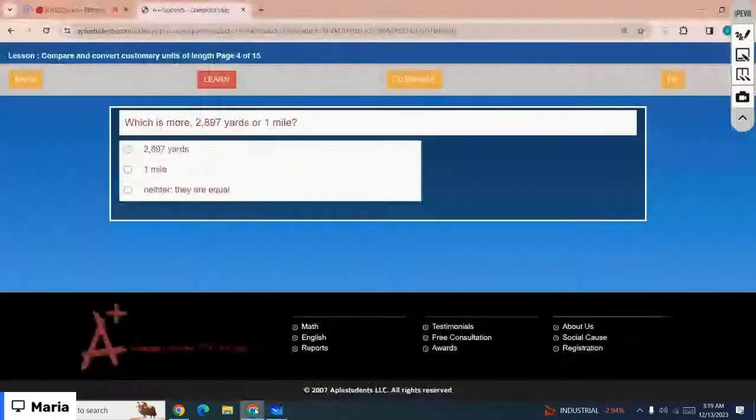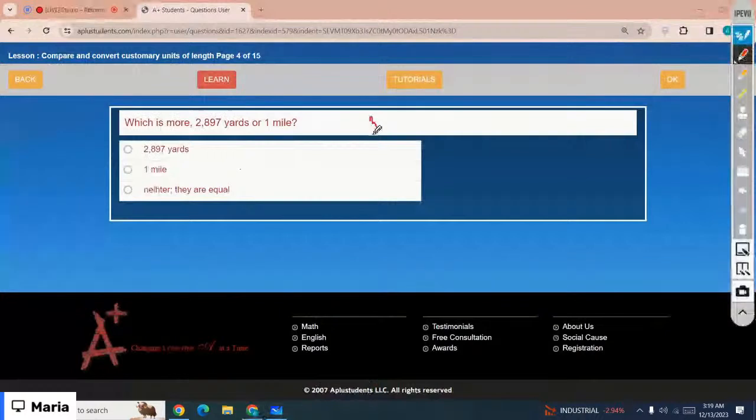So which is more? 1,760 yards is more or 2,897 is more?